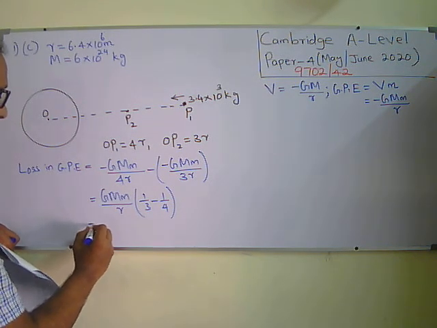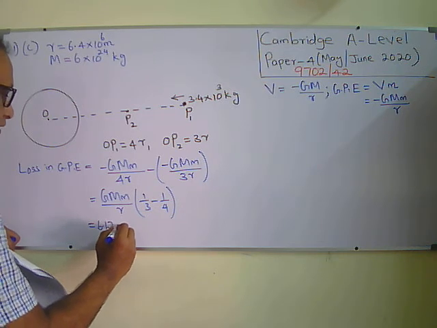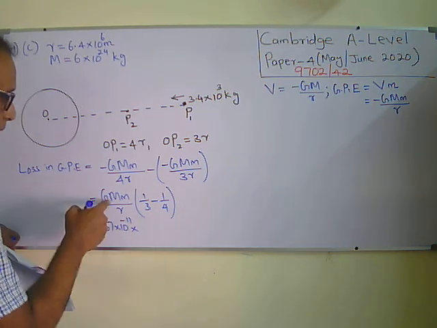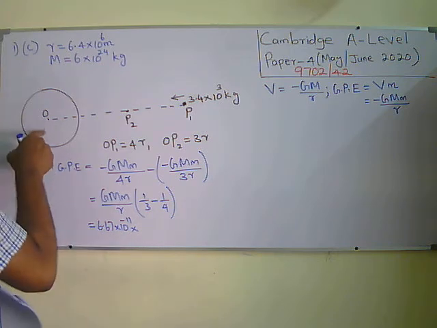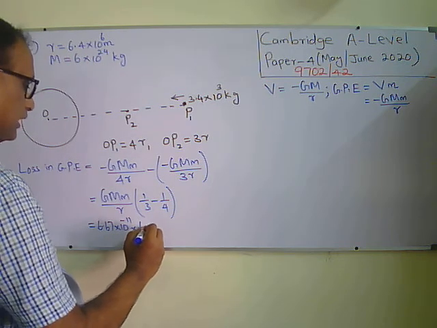So G, you know that, is 6.67 × 10 to the power minus 11. Capital M I use for the planet, that mass is 6 × 10 to the power 24.